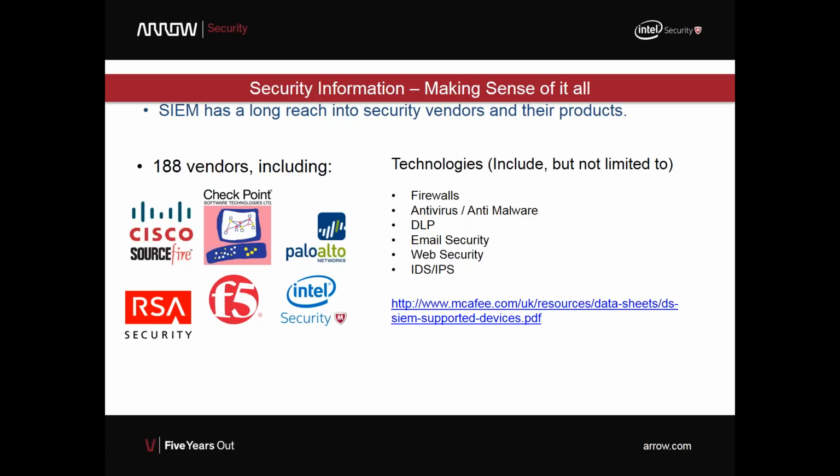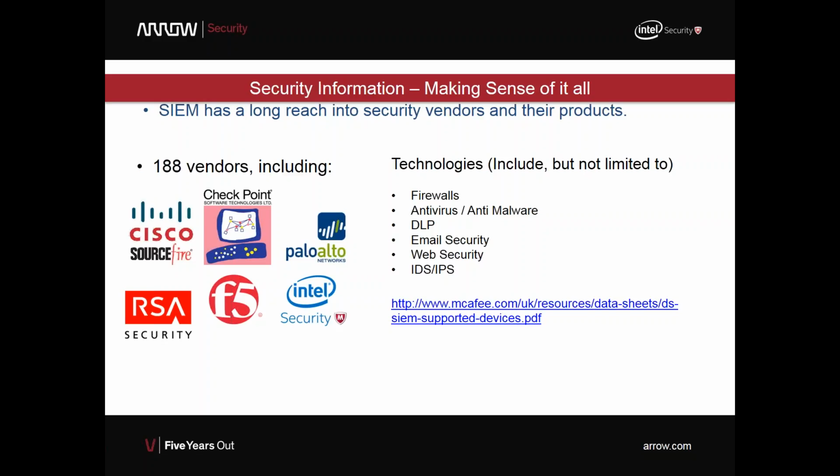If we look at Microsoft, which will be on the following slide, there's an entire range of infrastructure components that are supported: Exchange servers, SQL servers, Active Directory. So there's a complete range of vendors and their products that you can look at. It's not limited to Intel Security solutions. It is as vendor neutral as possible.